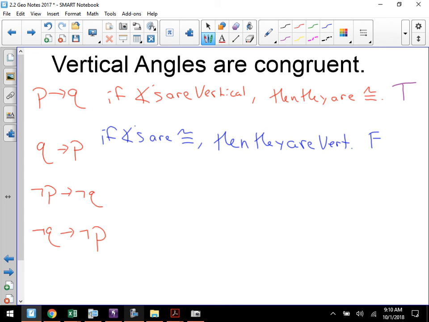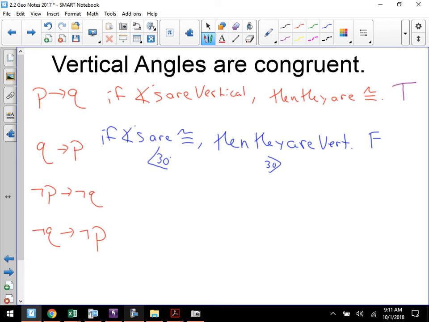What's that? Is there such a thing as horizontal? How about this? We're talking about angles, right? Can I just draw an angle here and say it's 30 degrees and draw an angle over here that's 30 degrees? Those aren't vertical, are they? They're congruent, right?